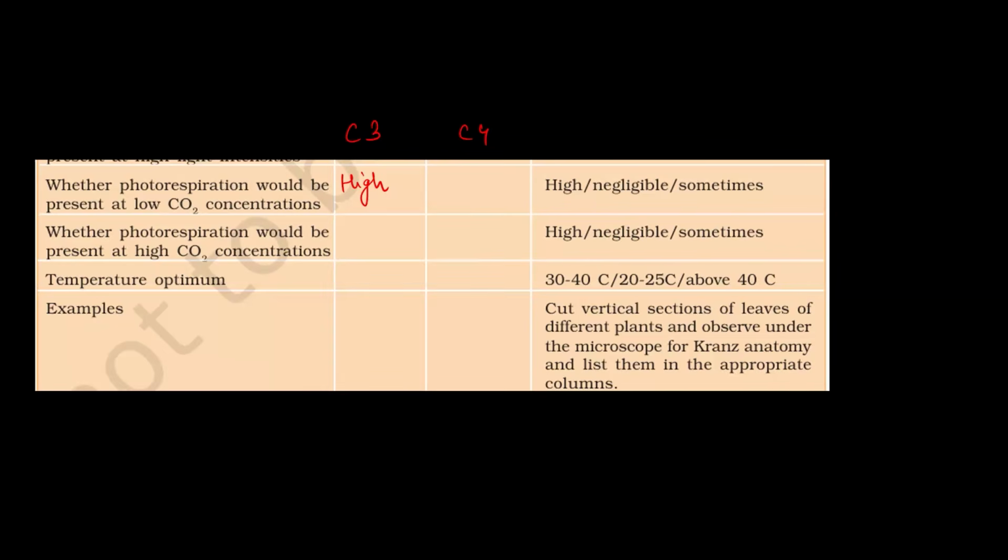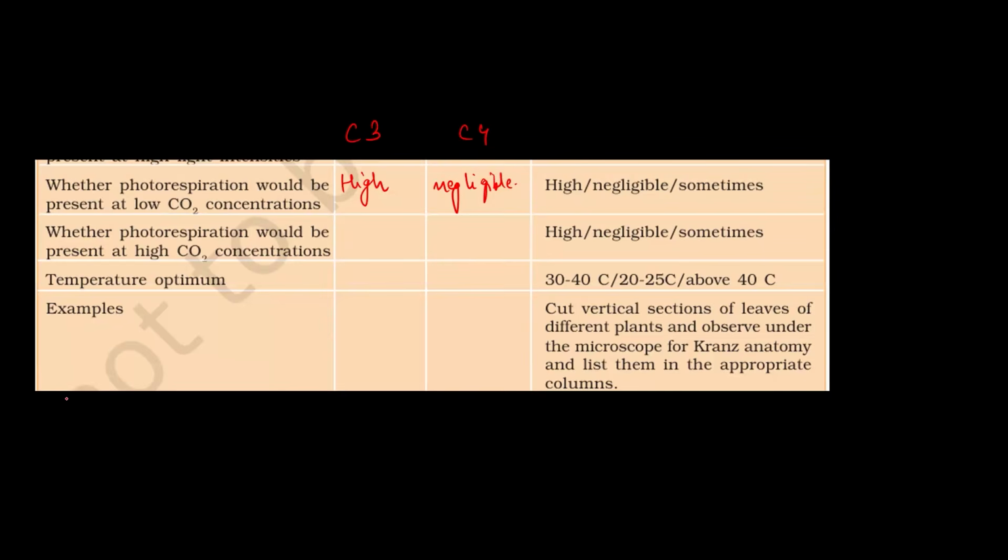But in the case of C4 plants, even at low carbon dioxide concentration, we know that C4 plants have the mechanism to concentrate or increase the concentration of carbon dioxide. So even if carbon dioxide is present in low concentration externally, the cells will take it and increase its concentration inside the cell. Hence, in the C4 plants, there will be no photorespiration. It will be negligible. Okay.